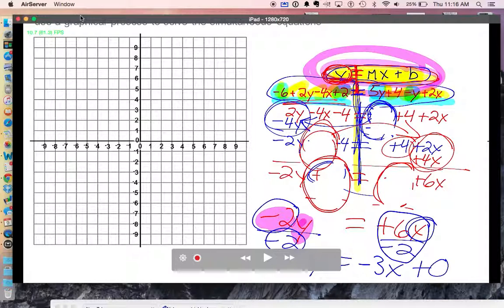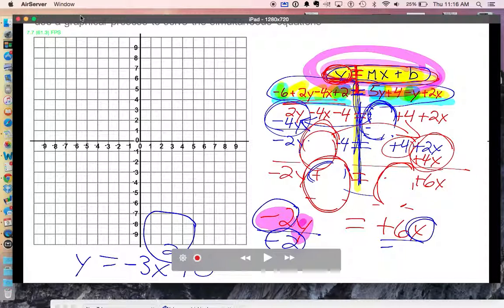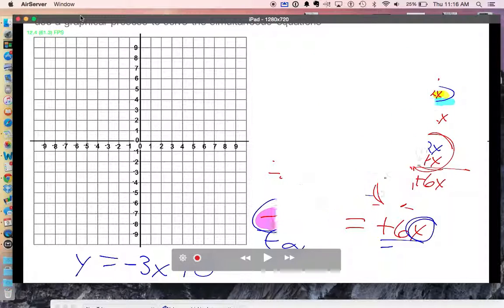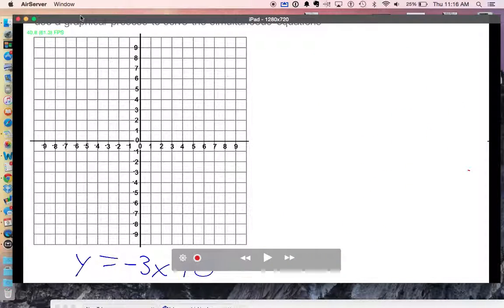And then now I have my y equals mx plus b, so I can graph this. And so there are a couple ways that I could graph it. One way that I could graph it would be to set up an x and y table and plug in values for x and y. So if I plug in a value of 0 for x, I get -3 times 0, which is 0.